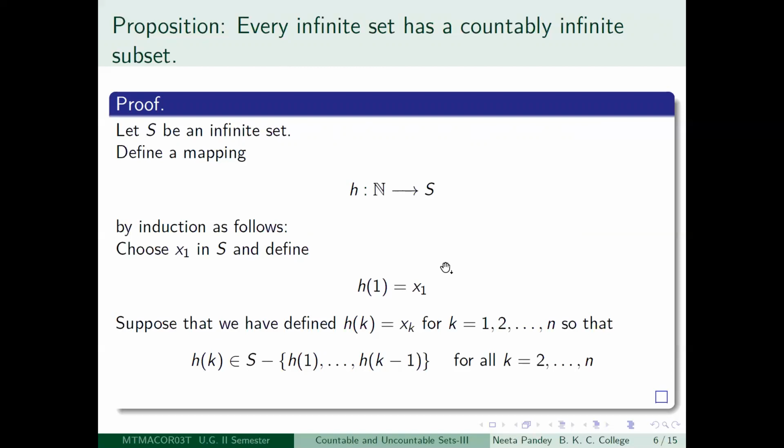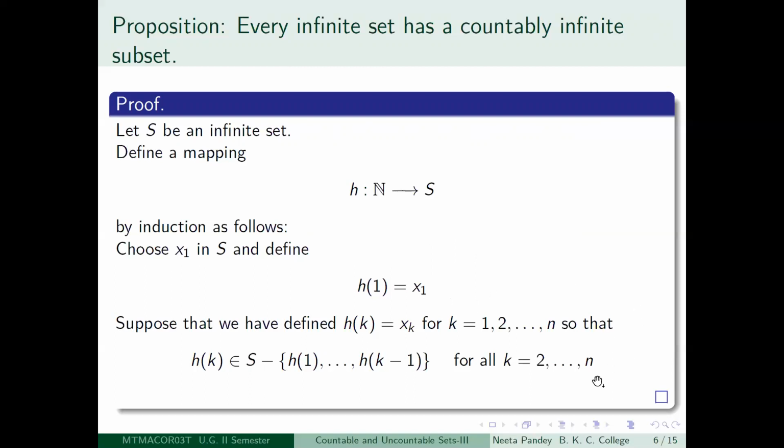Now, as I said in the case of 2, similarly, once you have got, say, for example, h2, then you are going to leave out h1 and h2 from the set S, that is, you look at the complement of h1, h2 in S, then that will again be an infinite set, and you choose any random element in that, call it x3, and define h3 equal to x3. So that is our induction step.